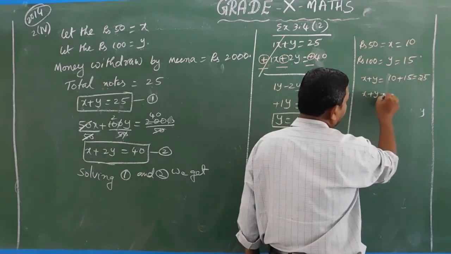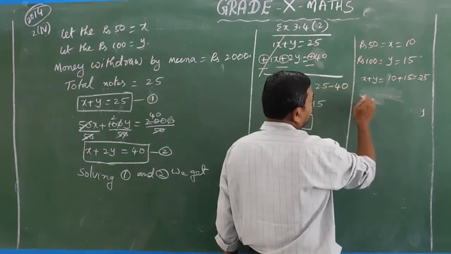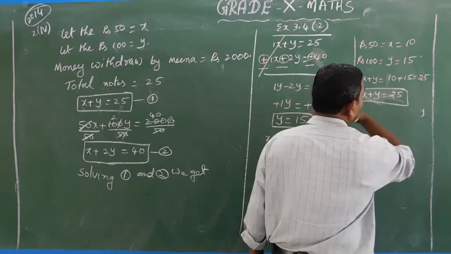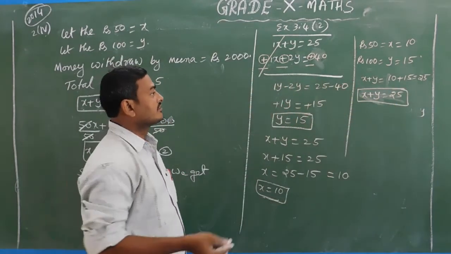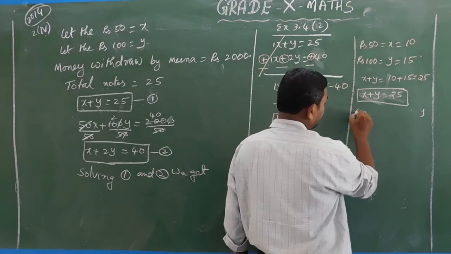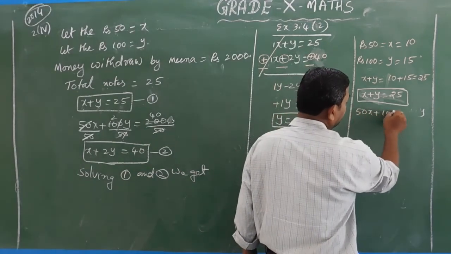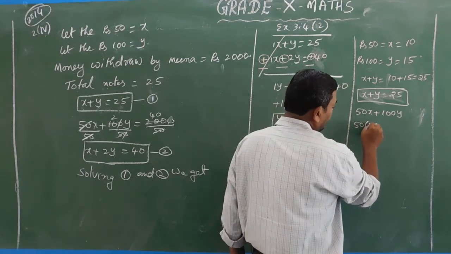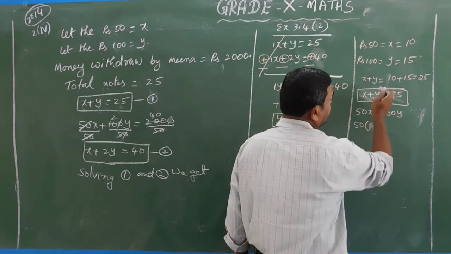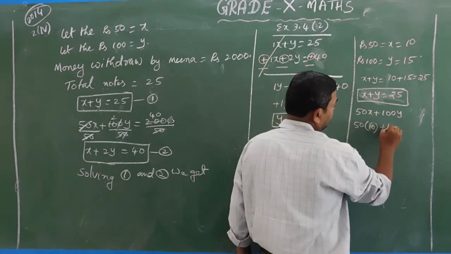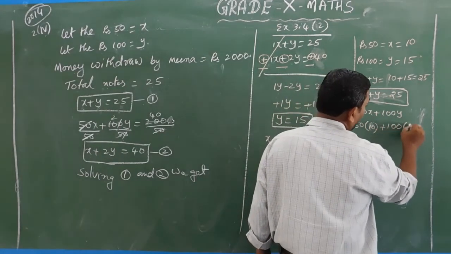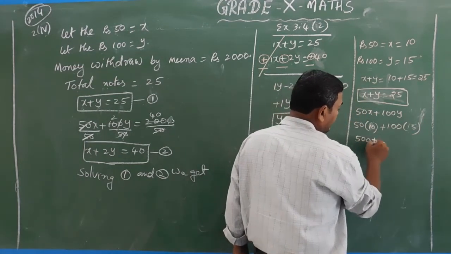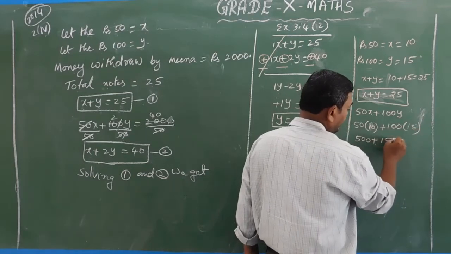So x plus y equals 25 notes, we got. Now the total is 2000, so we also want to verify 50x plus 100y. 50 into x, where x is 10, plus 100 into y. 50 into 10 is 500, plus 100 into 15 is 1500.